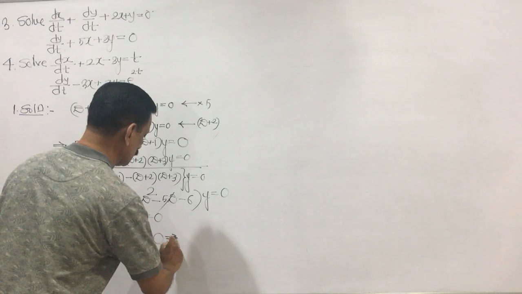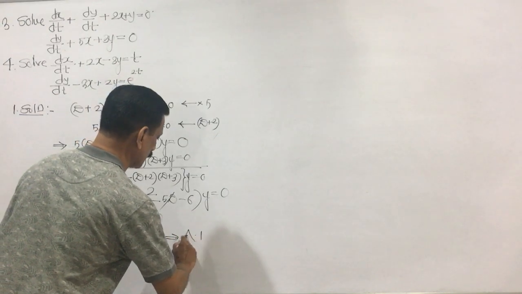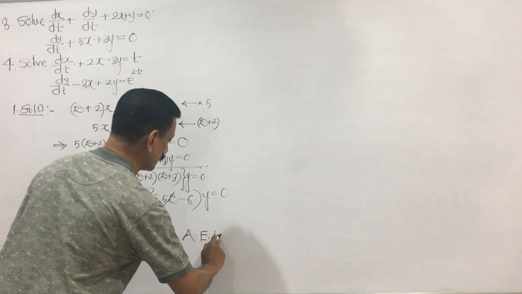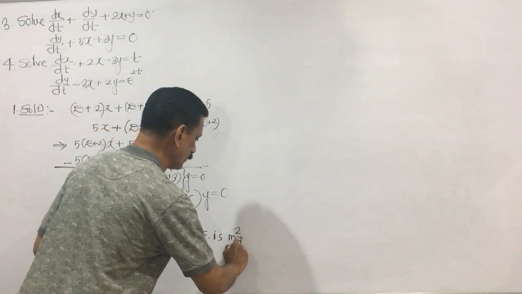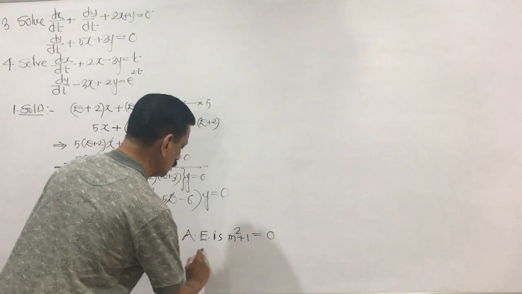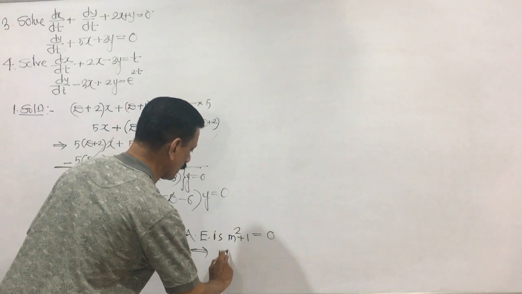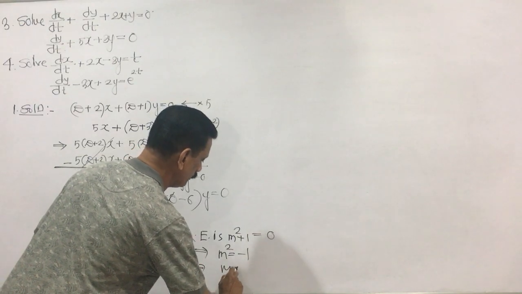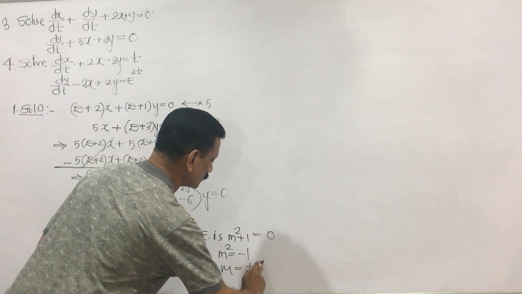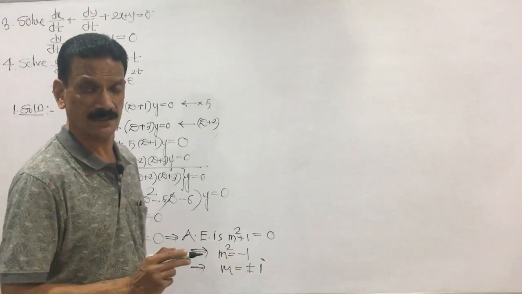So the auxiliary equation is, put D equal to m, m square plus 1 is equal to 0. So m square is equal to minus 1, and this implies m is equal to plus or minus square root of minus 1, which means it is plus or minus i.